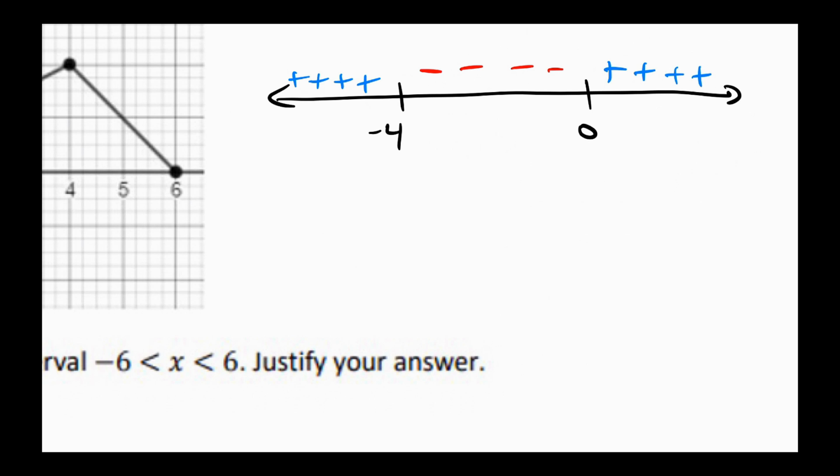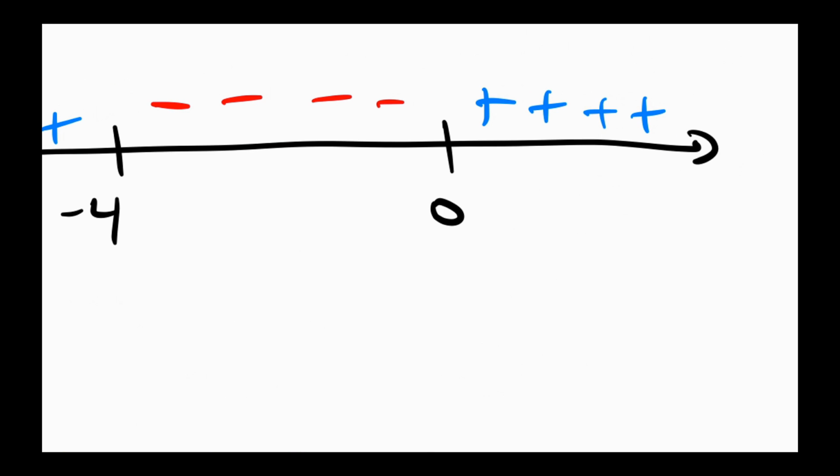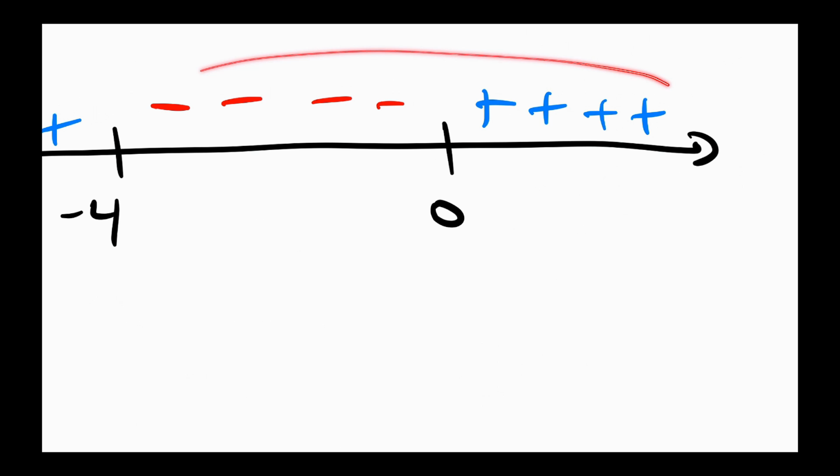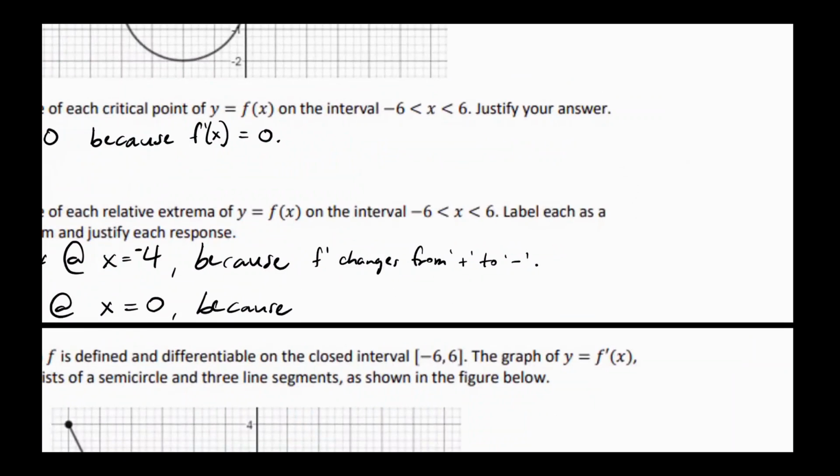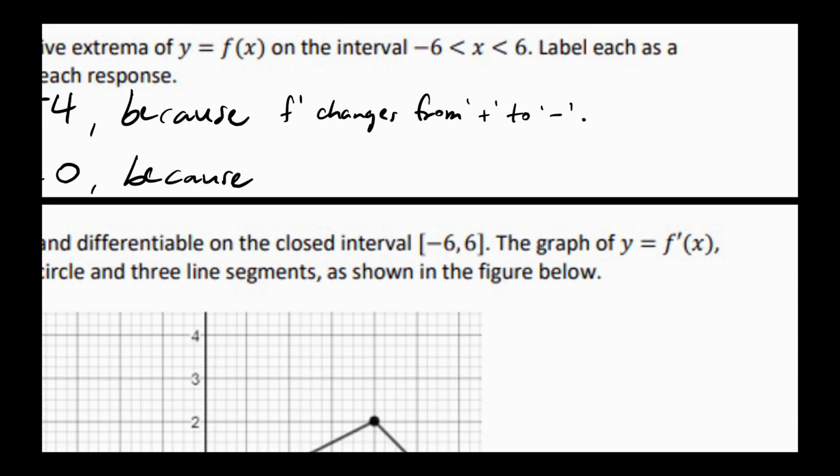It tells us it's going to be a minimum. Exactly. The only thing that's going to change in our justification is we're going to switch the negatives and the positives. F prime changes from negative to positive. Okay?